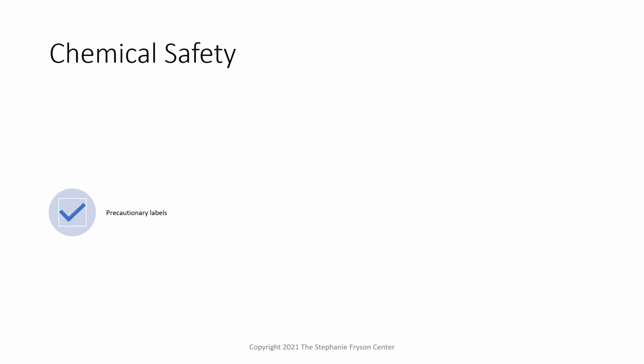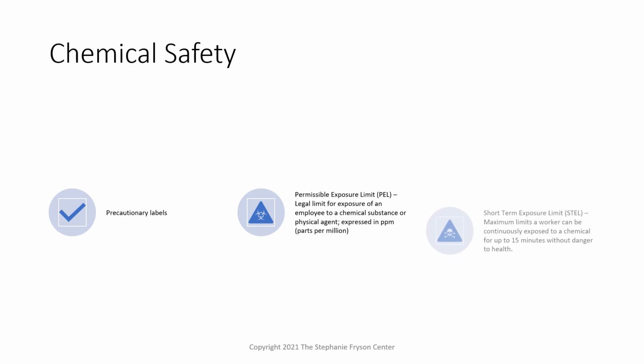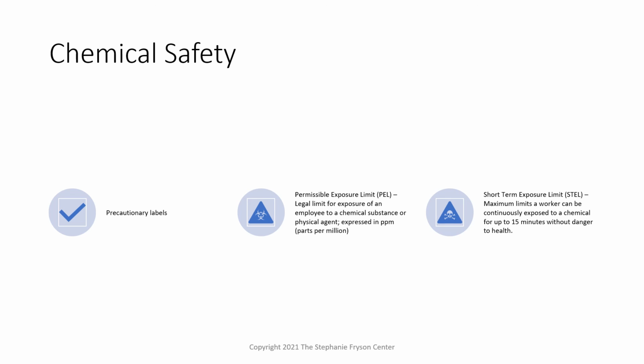This is the last slide for this series. And this is just information that will help you. You may not necessarily be tested on this on your exam, but if you go to work in a laboratory, you might want to know that some chemicals have what's called a PEL, permissible exposure limit, which is the legal limit for exposure of an employee to the chemical.